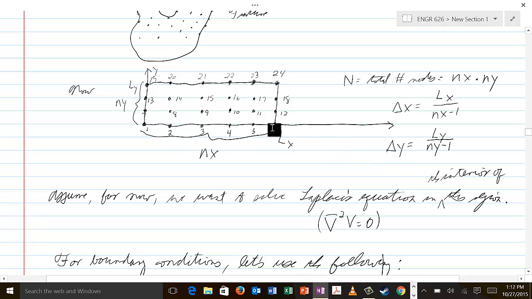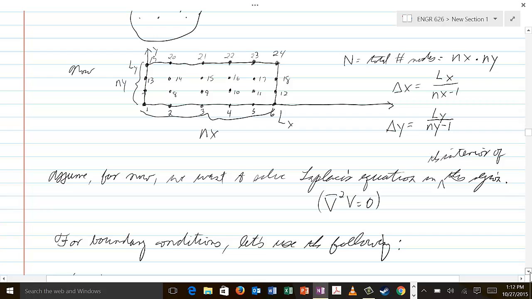Now, since there are nx nodes in the x direction and ny nodes in the y direction, the total number of nodes now is nx times ny. You can see right away how the number of nodes now might be much larger than what we had in our one-dimensional problems.